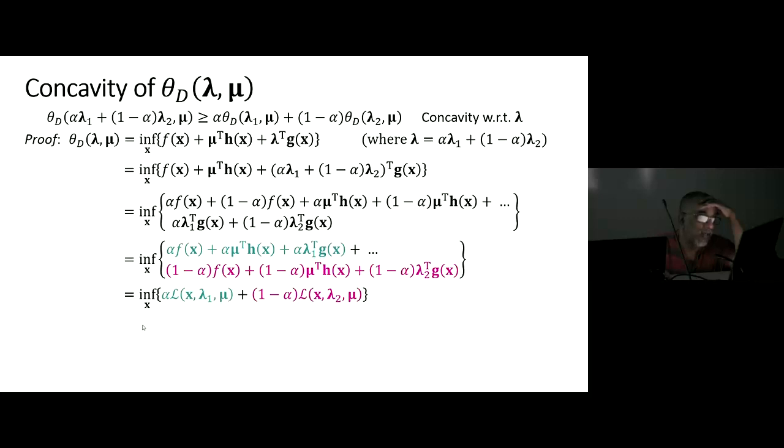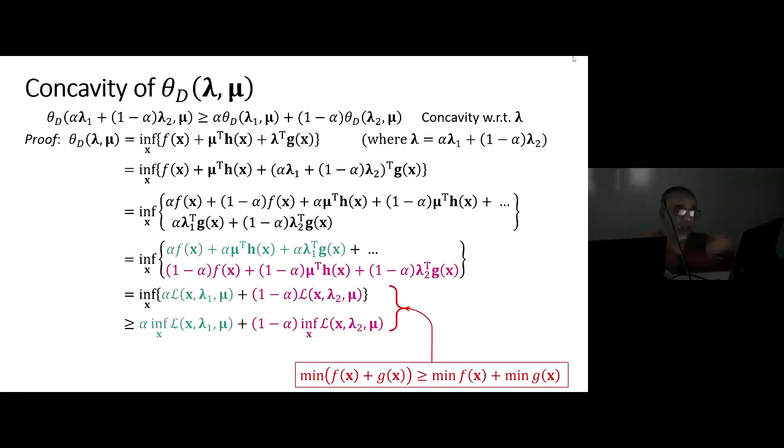And then this is greater than or equal to alpha. I just took alpha outside the infimum. What I've done is, this is the infimum with respect to only this first term, and then 1 minus alpha I took outside. What remains is the infimum with respect to x of the second term. Why does this inequality hold?